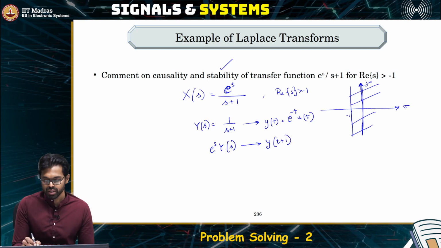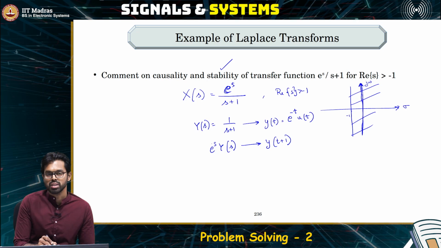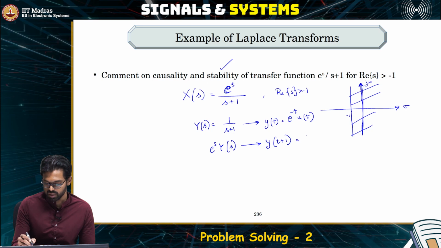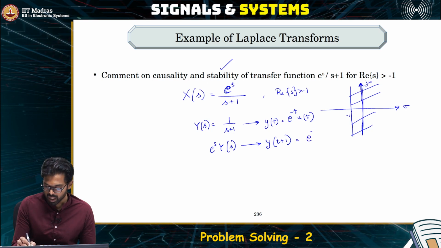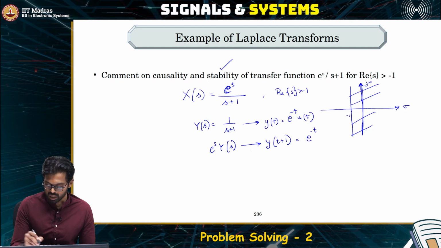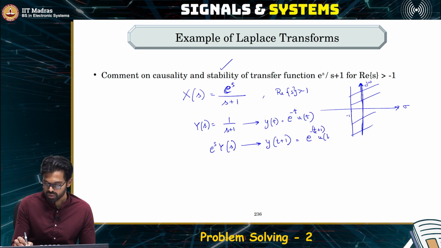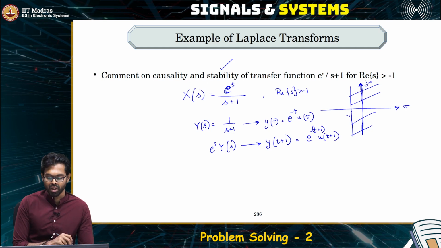If there is a plus 1 in the argument, there is s times 1 in the exponent, and that is exactly what we are going to utilize. So this is e^(-(t+1)) u(t+1).